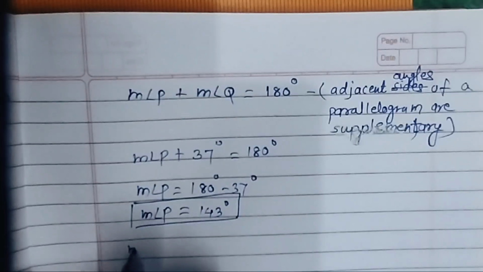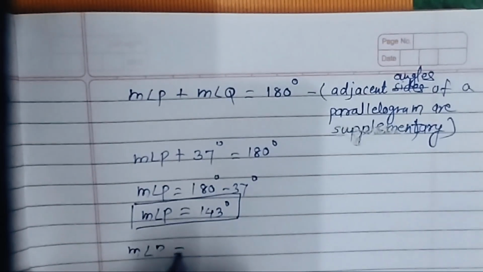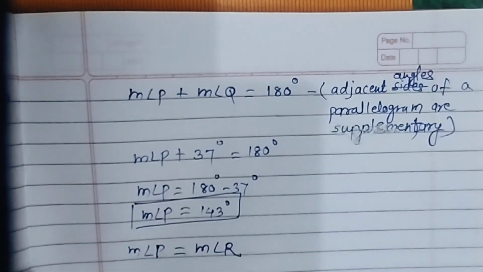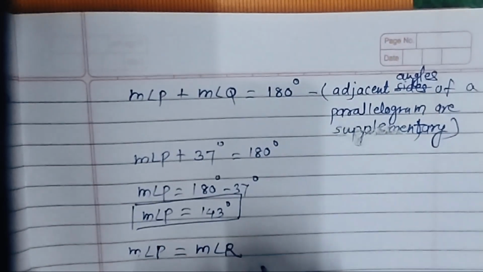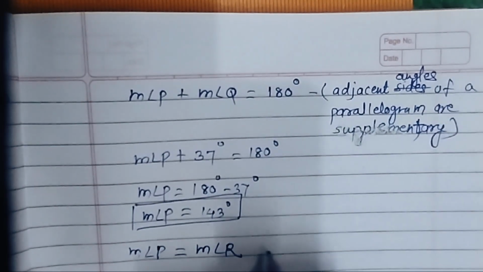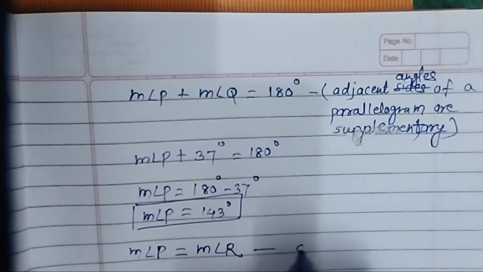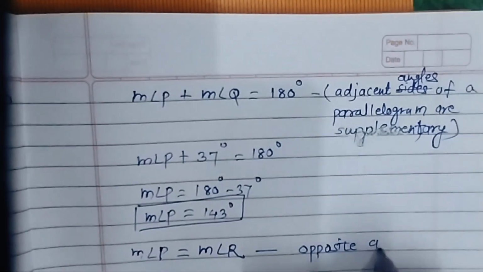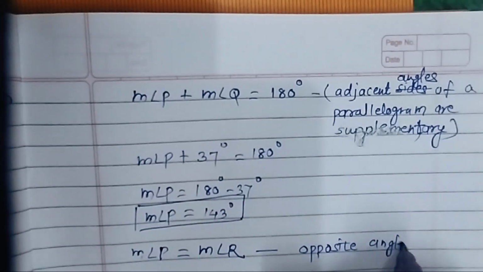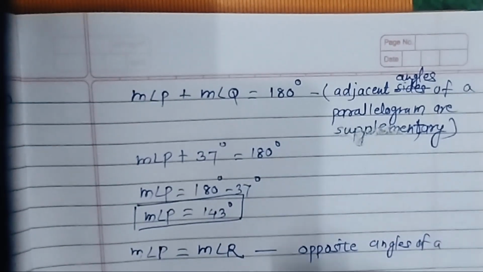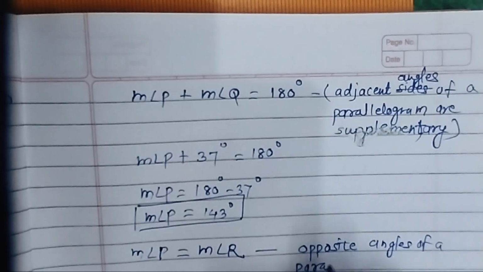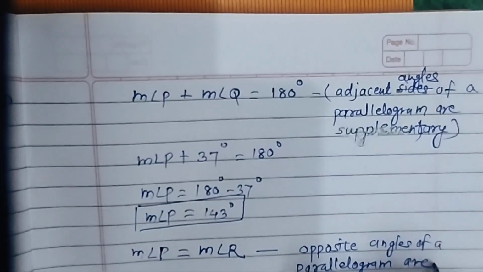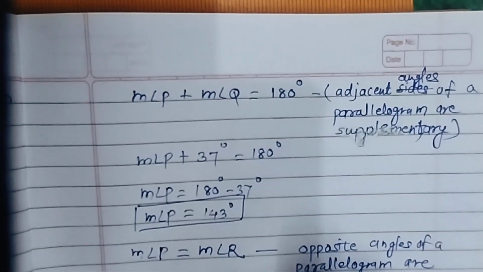We know that angle P and angle R are also congruent, because they are opposite angles of a parallelogram. So opposite angles of a parallelogram are congruent.